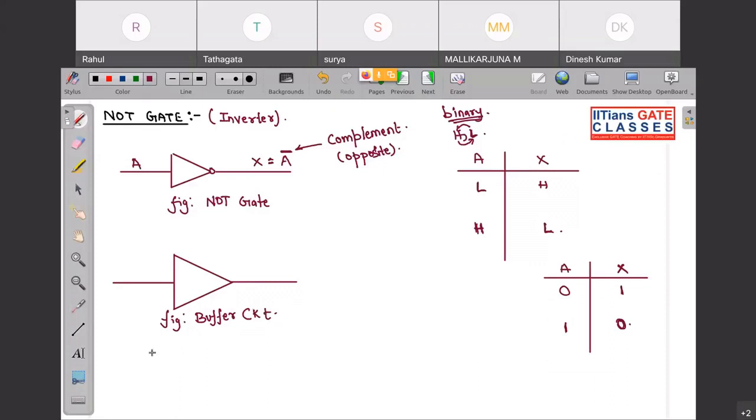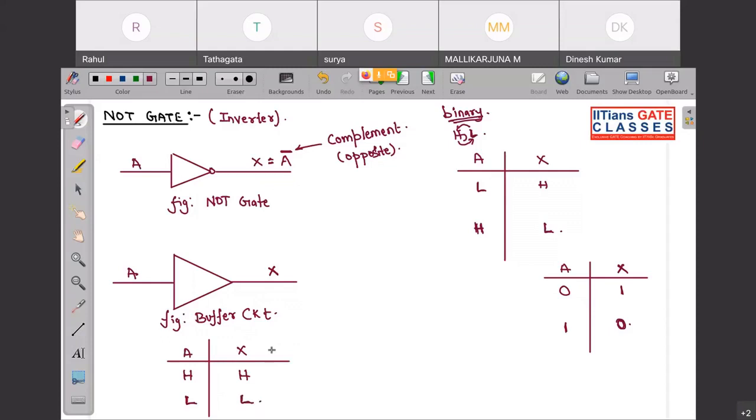Buffer circuit is a simple circuit that whatever input you give, the same output we get. So if your input is high, output will be high. If input is low, output will be low. So basically, buffer circuit is a circuit which replicates the input.